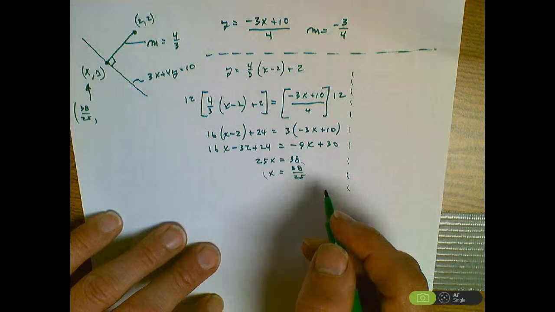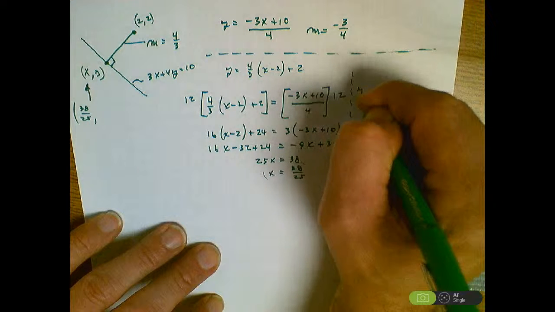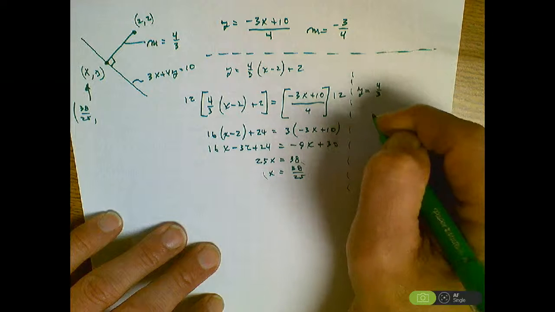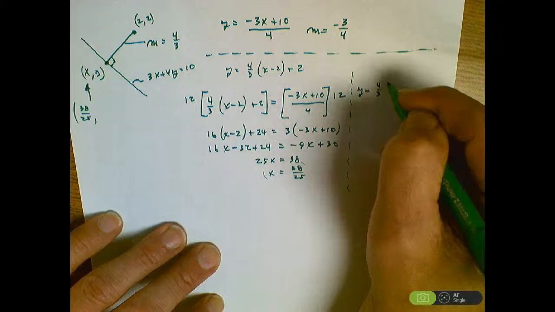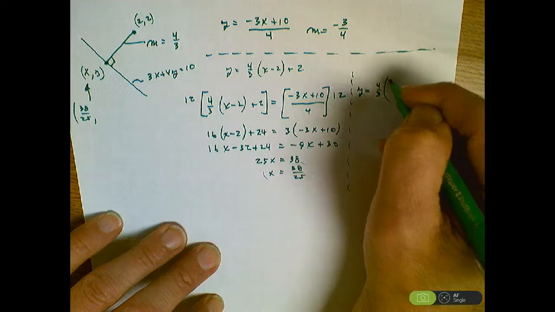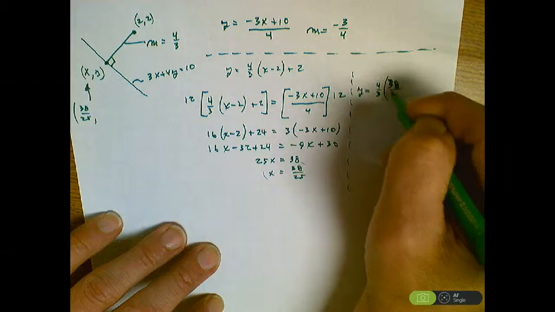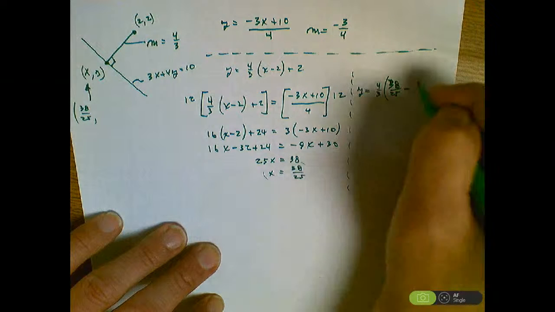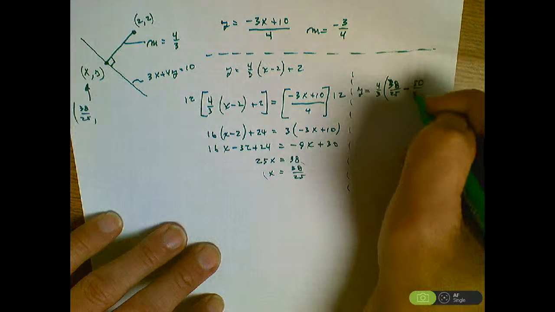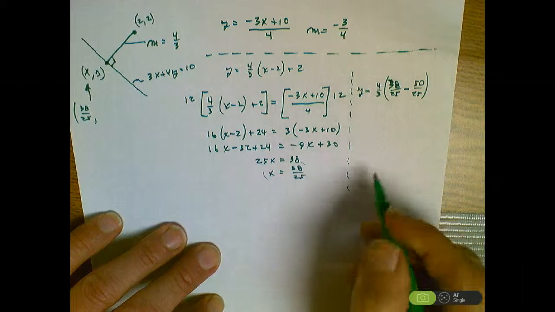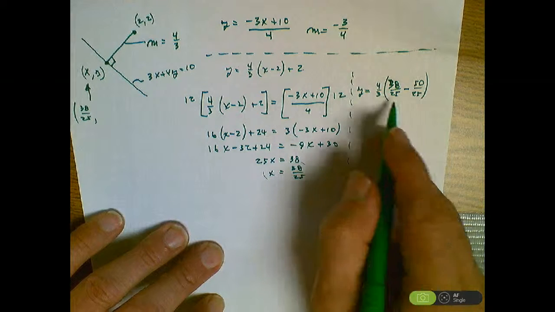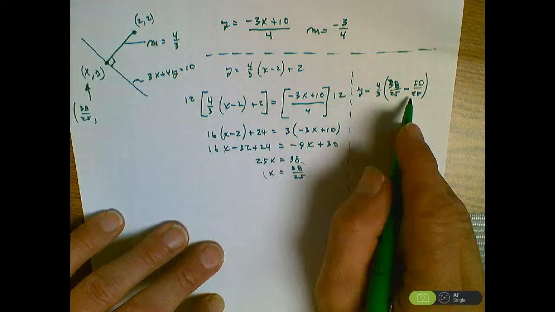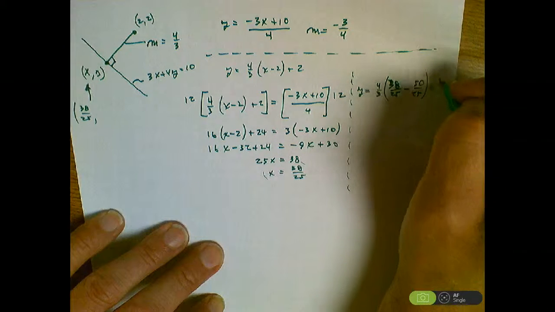So I will use y is equal to 4/3 times x, which is 38 over 25, minus 2. It would be nice to write this with a common denominator, so let's put 50 over 25. I notice that my common denominator of these two is going to be 75. So I'm going to write plus 150 to save a step.